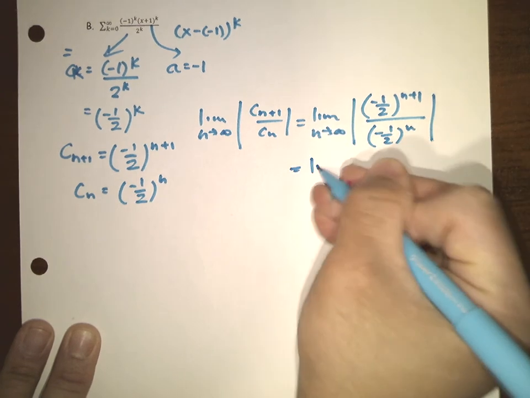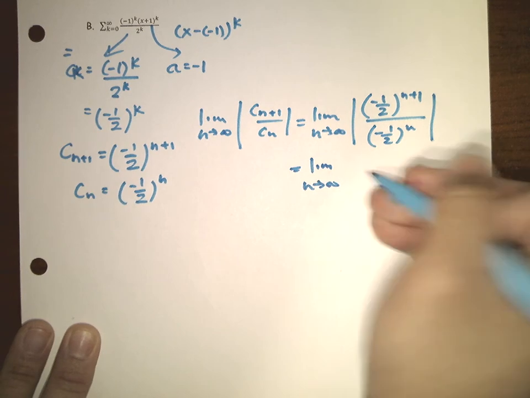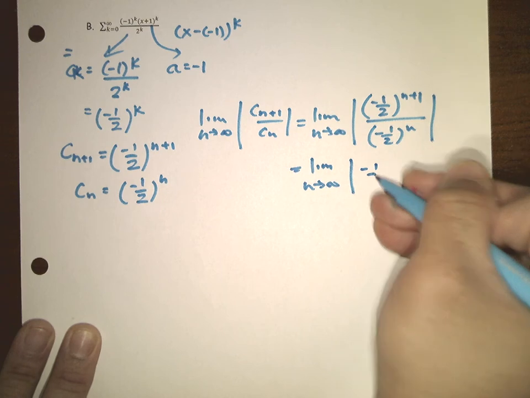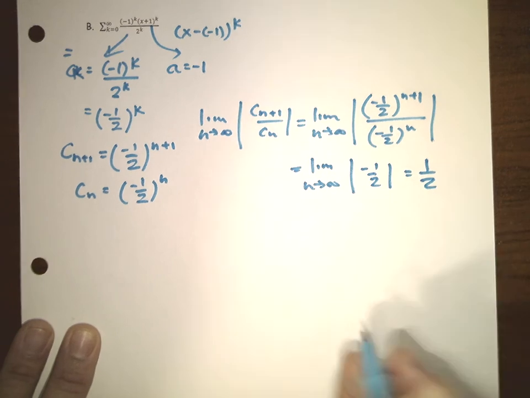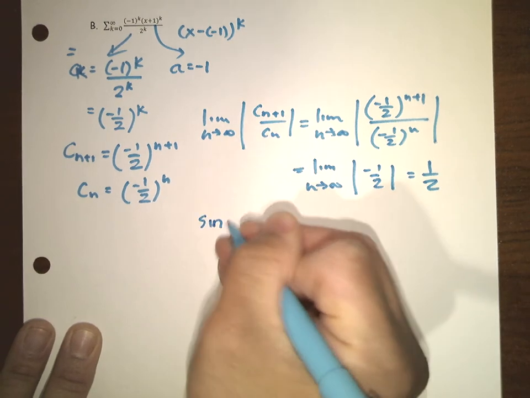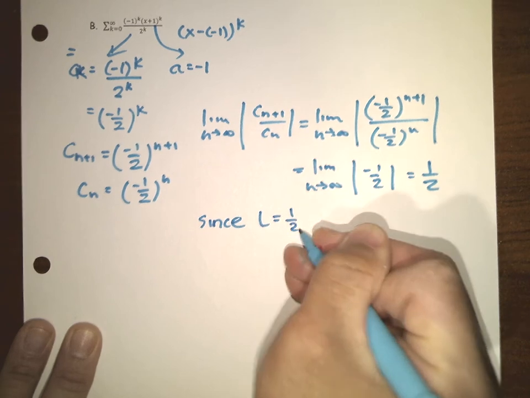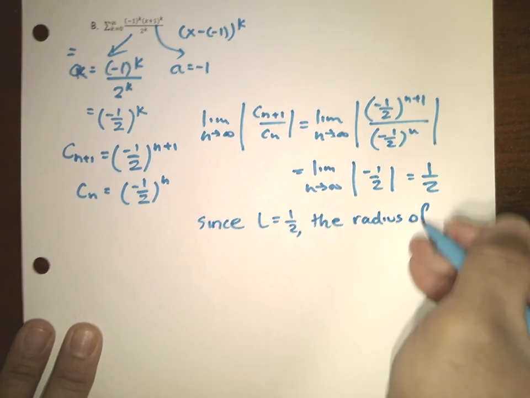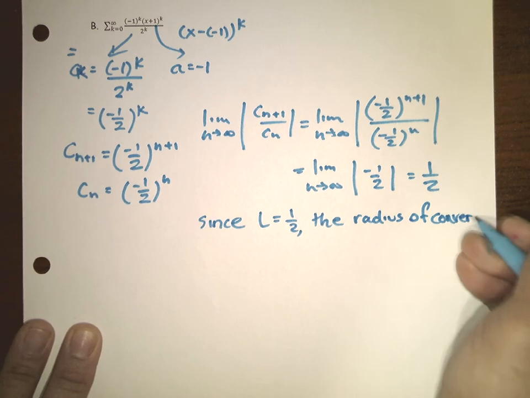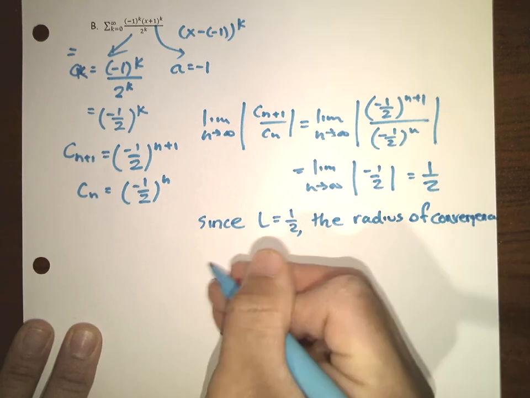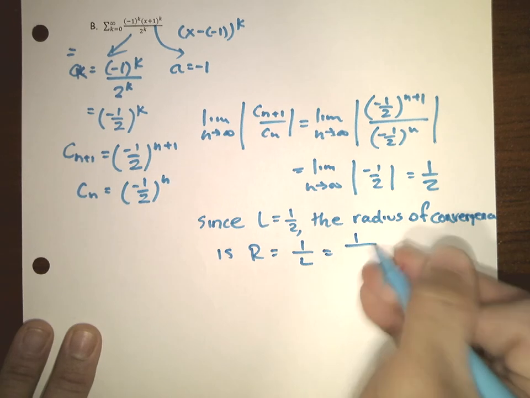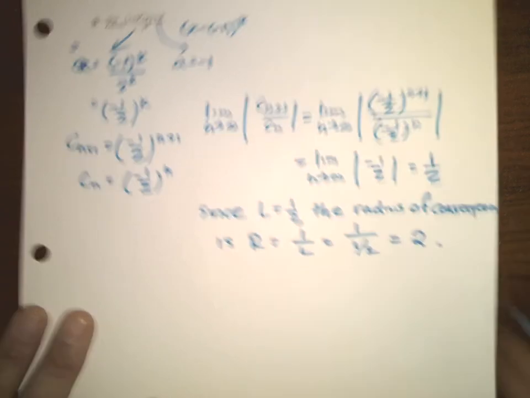That's just going to be -1/2, whose absolute value is 1/2. And so since L here is equal to 1/2, that means the radius of convergence is R equals 1 over L, so 1 over 1/2, which is 2.